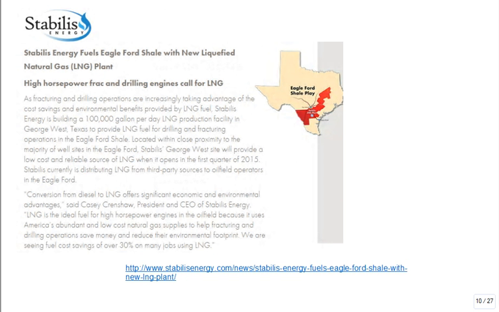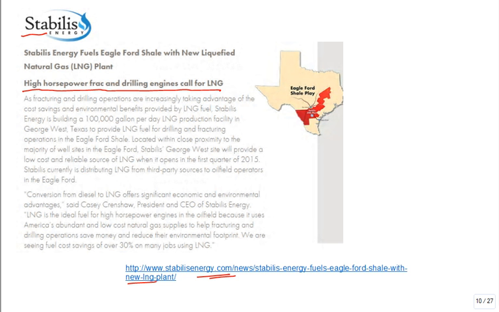All right, so here's another company, Stabila. This is off of their website. They're planning and building a new LNG plant that's going to fuel the high horsepower frac and drilling engines, so that you can just switch from the diesel to natural gas. It'll run with modest changes.